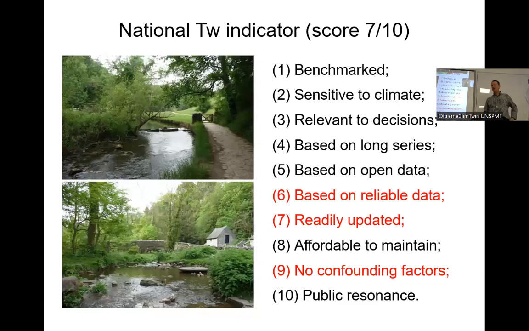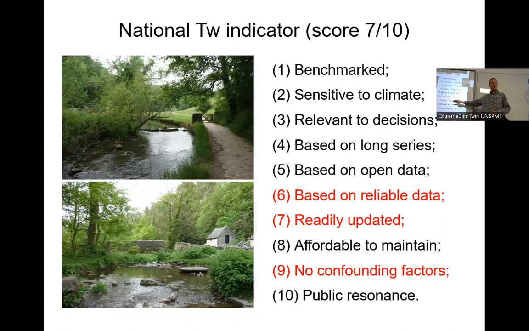So in summary, I think for our national water temperature indicator in the UK, I would only give it 7 out of 10 in terms of the criteria that we've talked about previously. But I think there are some genuine concerns about the reliability. It's very sad to say that the networks are under threat all the time.